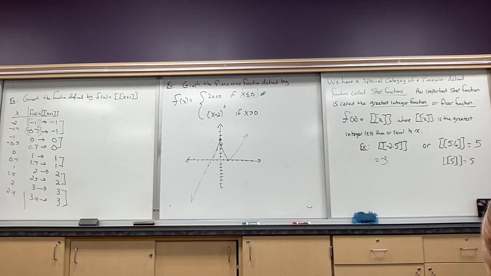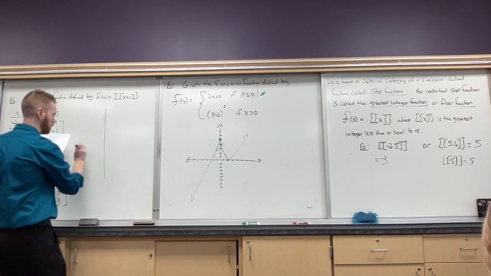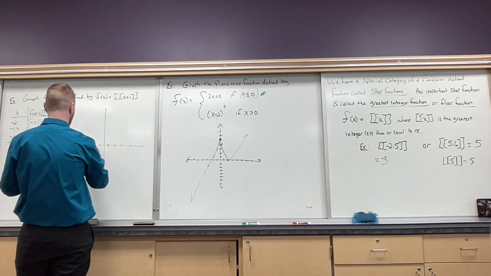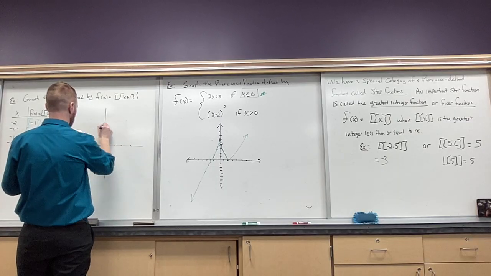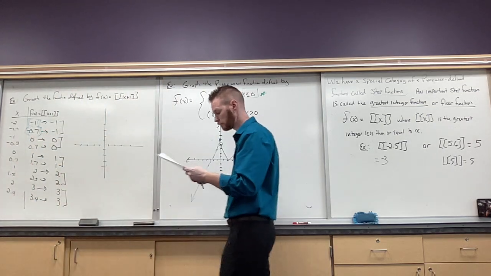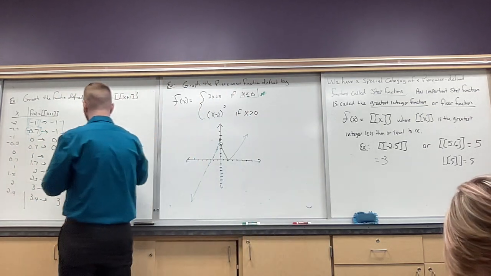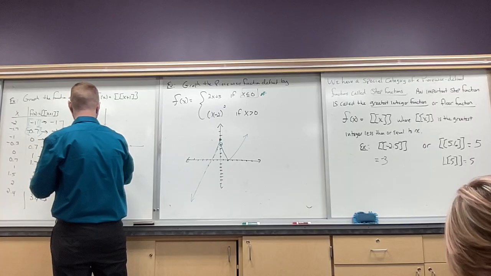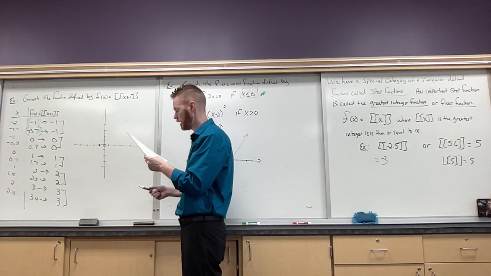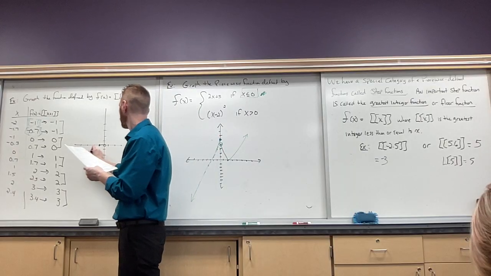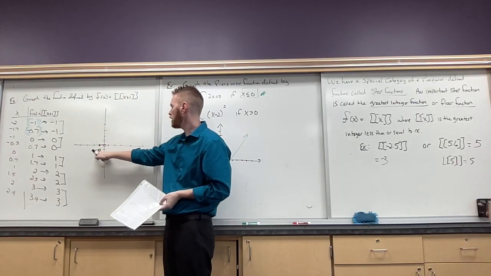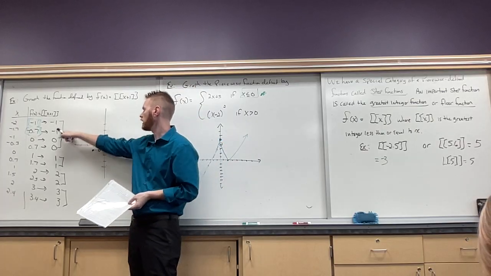So how does that look graphically? Okay, I just did a 4x4 grid. So if you look at the first one, -2 is first. From -2 all the way to -1, my output's always -1, right?